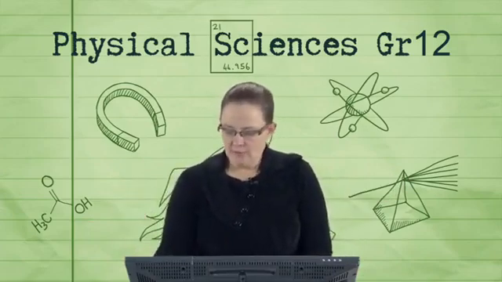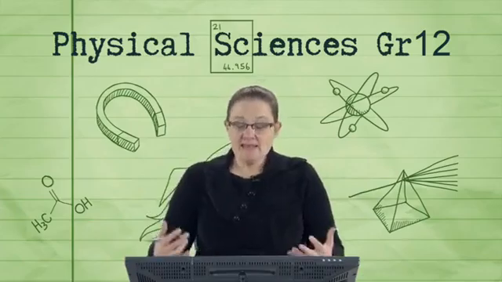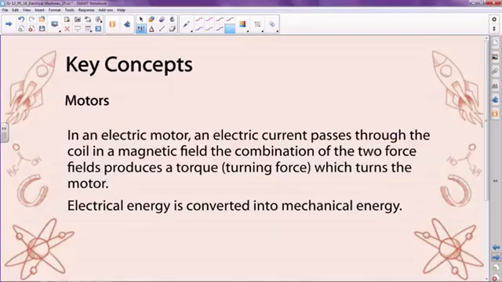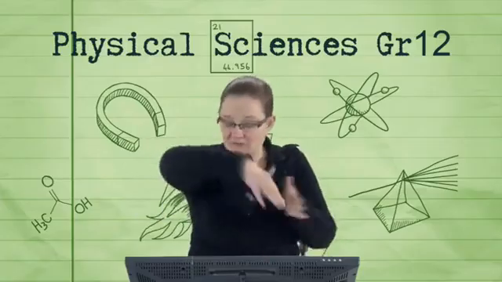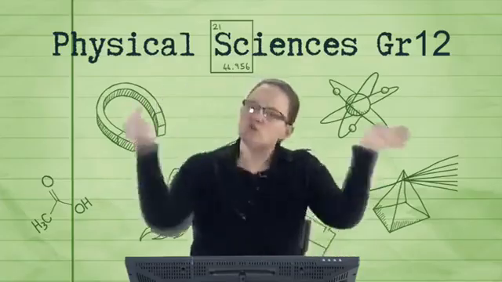So what do we need to remember here? In an electric motor, this is very important, a current passes through a coil in a magnetic field that combines two forces together, which turns a motor. So in the picture we had originally, there was just one coil that moves. In a motor, one conductor. In a motor, we have a coil, okay, which then turns.